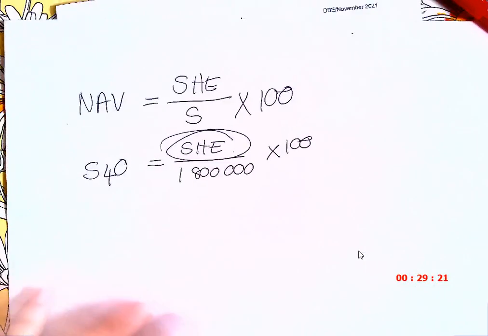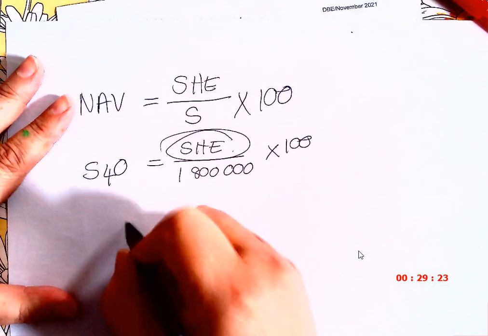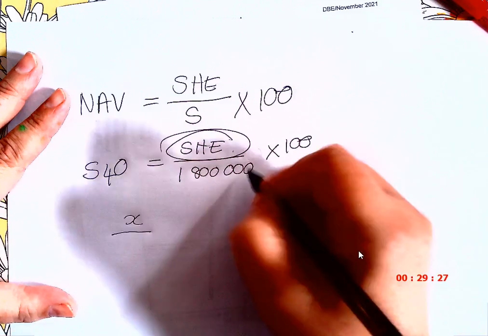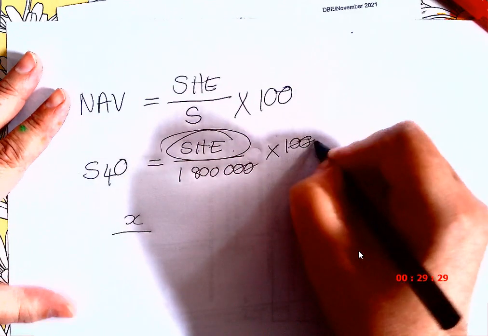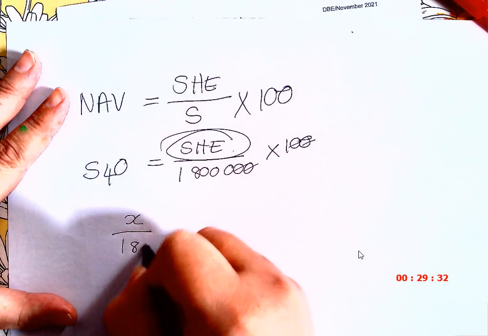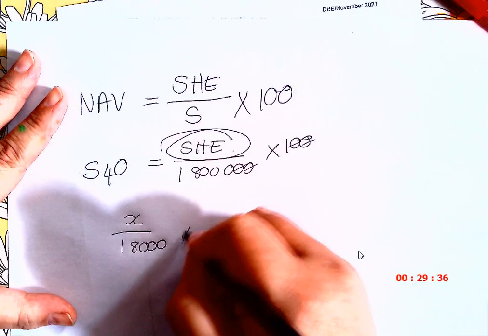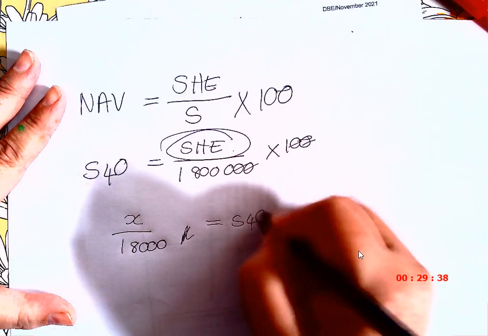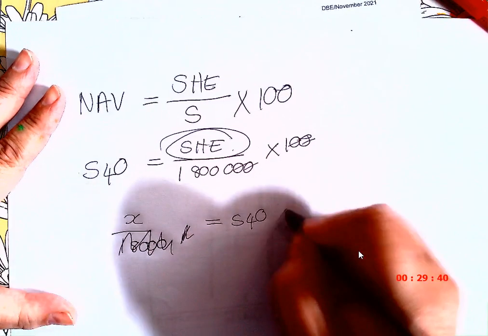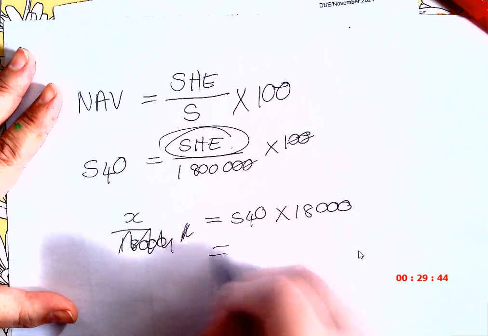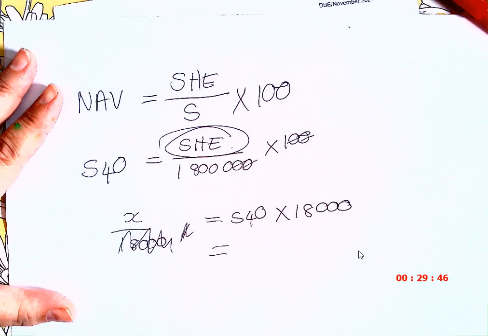So, this thing looks wrong for me. I would want to say it's x over, and that cancels out, 1/8 equals 540. So x would be times 18,000. And that gives me whatever, ne?